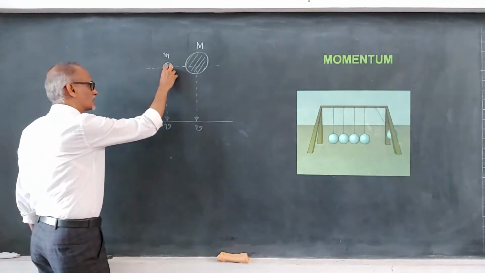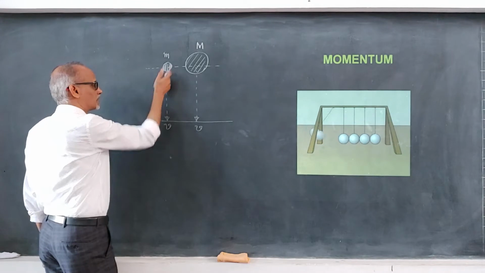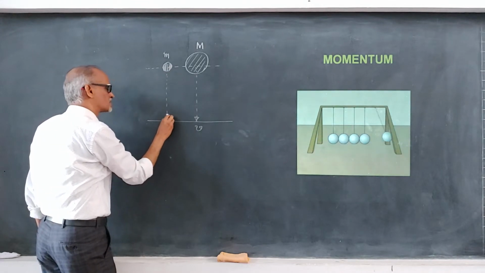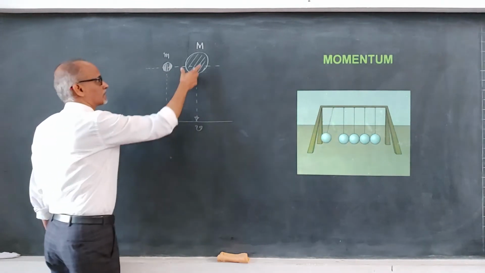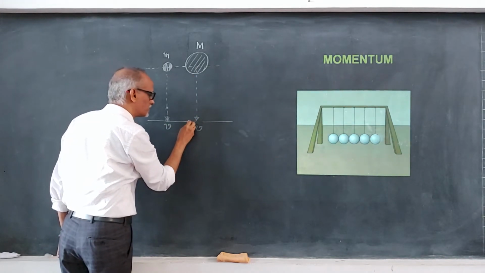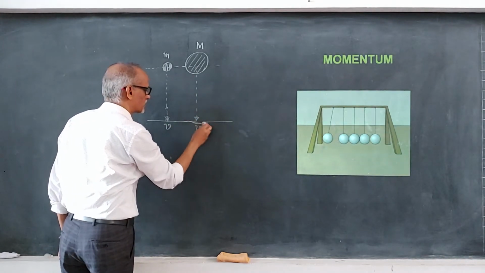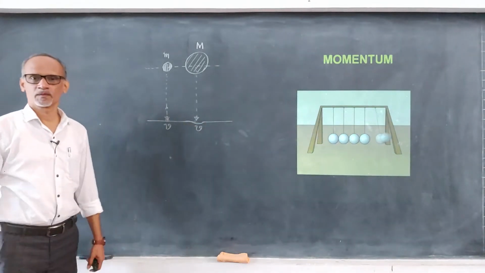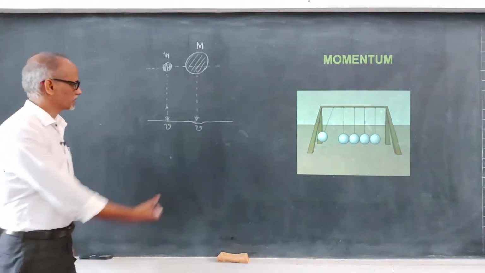But as it falls on the ground, the rubber ball bounces back to some extent. Not the shot put, but when the shot put falls, you get to see some depression on the ground. Correct?